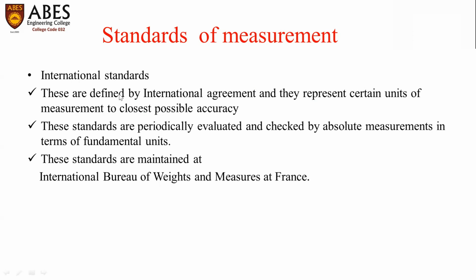So, international standards are firstly formed to give the closest possible accuracy, right? And these are checked through absolute measurement in terms of the fundamental units. And thirdly, they are maintained with the help of the International Bureau of Weights and Measures in France. So these are certain features of the international standards, right?